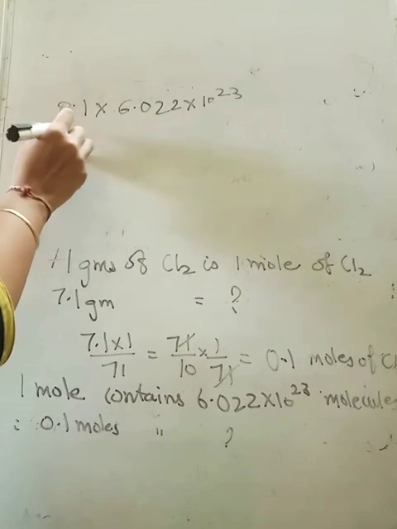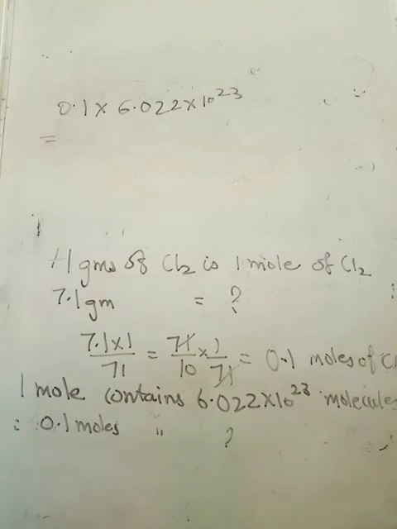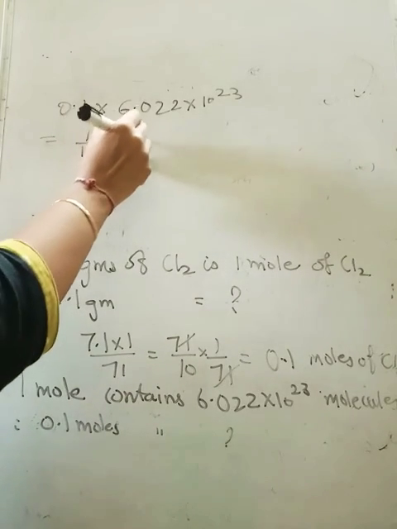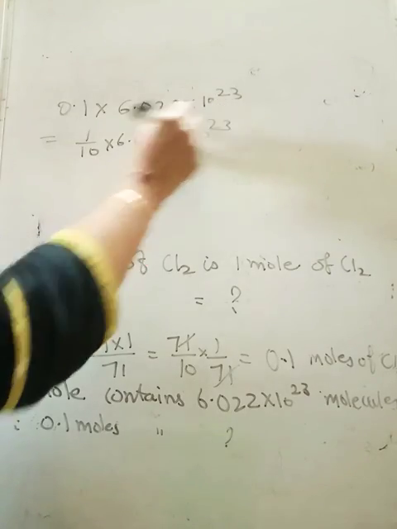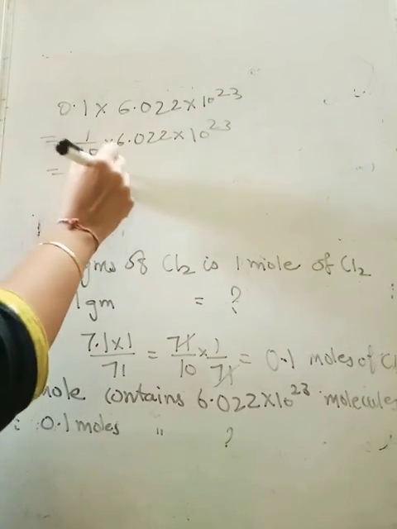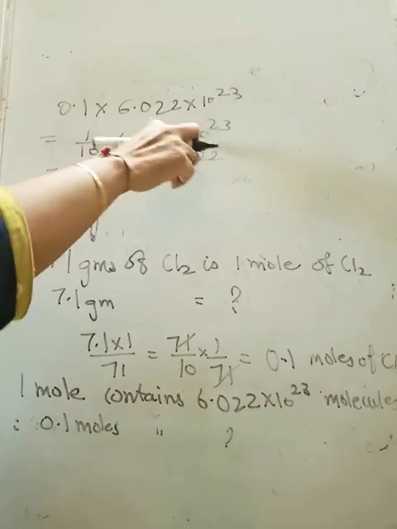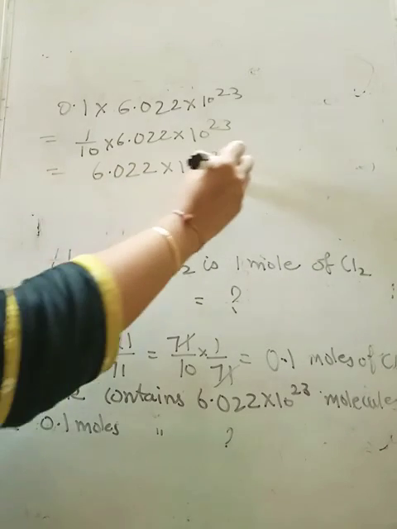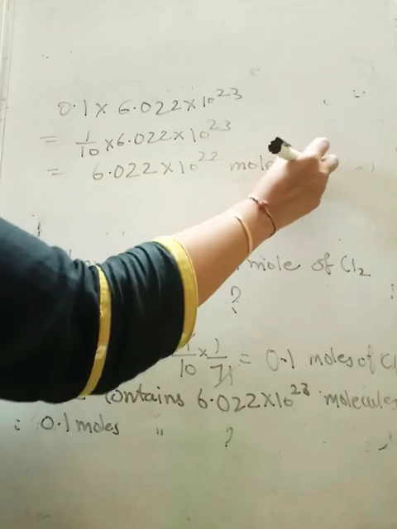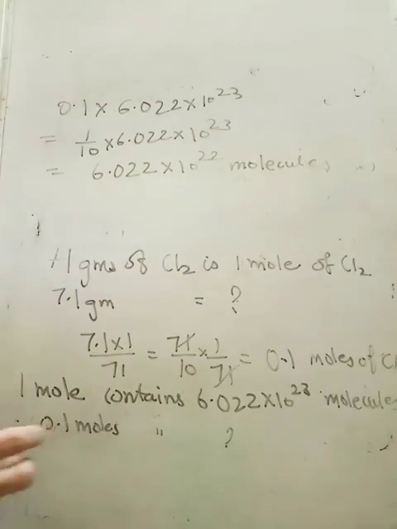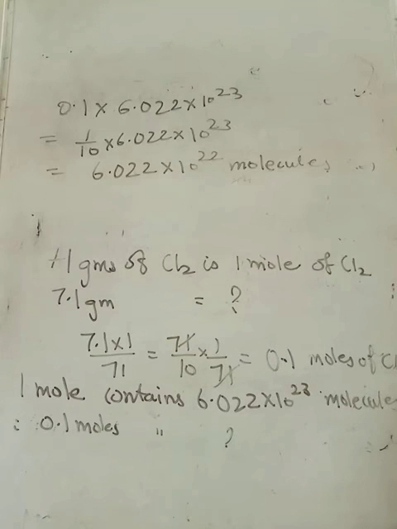See, the answer is this only, let it be, or 1 upon 10 into 6.022 into 10 raised to 23. तो एक कम हो जाएगा, 6.022 into 10 raised to 22. आई होप यू अंडरस्टैंड. एक 10 कम हो जाता है 23 में से. ओके, please try to write down the answer in words completely once again. Write quickly.